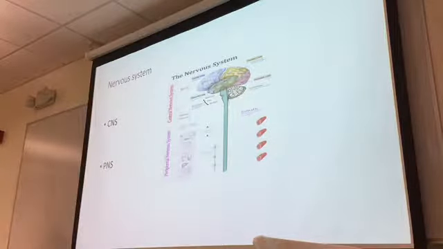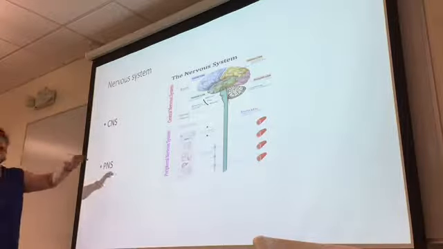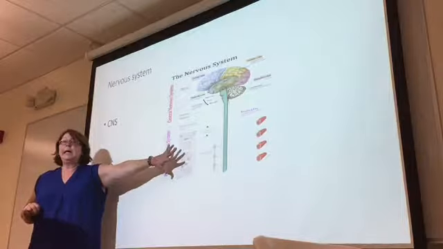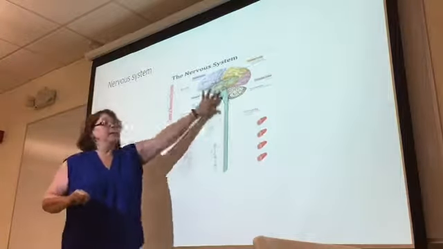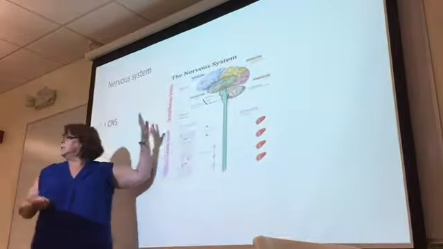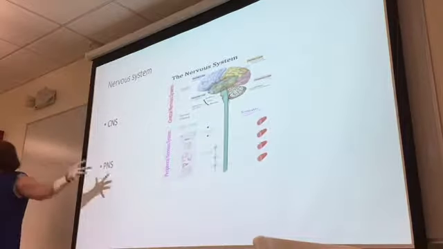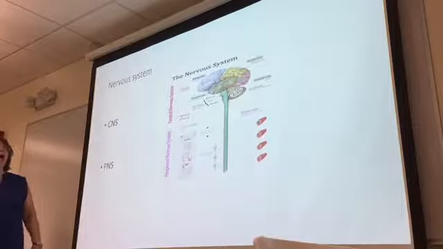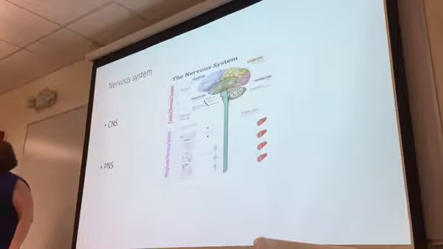So again, spinal cord injury does affect the spinal column, central nervous system, brain, and spinal nerves. That's the central nervous system. The peripheral nervous system is all the nerves outside of the central nervous system, including the autonomic nervous system.